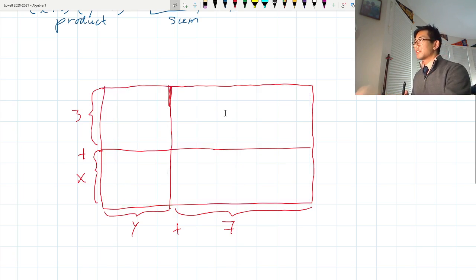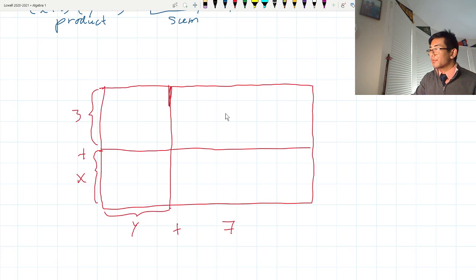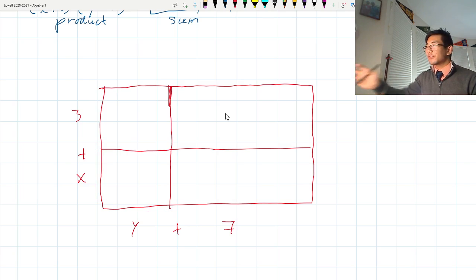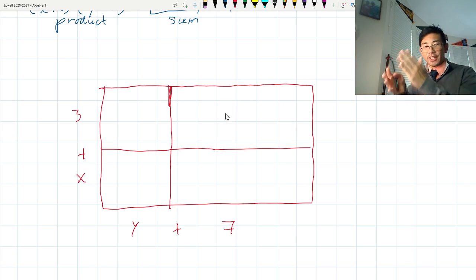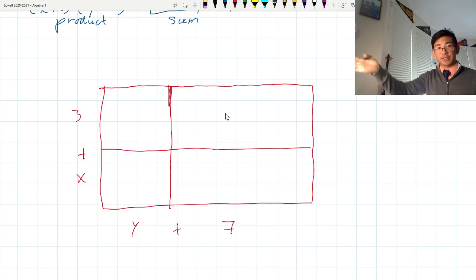Now I delete that picture, and these little frames right here. What we wanted to do was find the area of the entire rectangle. We could split it up into algebra tiles, in which case we split it into dozens of pieces, but we could also split it into only 4 pieces, like so.